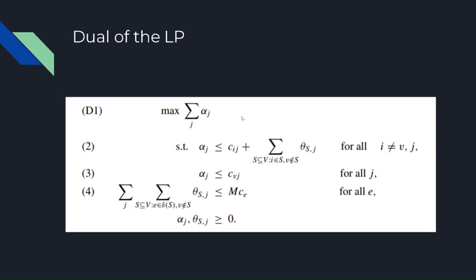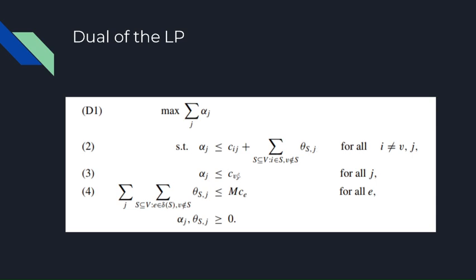Now the constraints to explain are, the first constraint is basically alpha_j. Here it is basically the payment that we are willing to make for j, and part of this payment will go in connecting j to a particular facility, and the other part of the payment will be connecting the facility to the root vertex v.